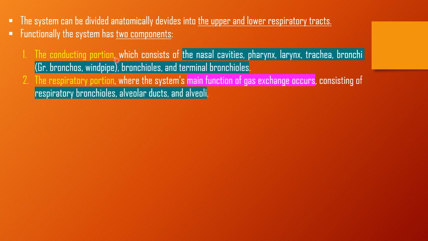The conducting portion consists of the nasal cavities, pharynx, larynx, trachea, bronchi, bronchioles, and the terminal bronchioles. The respiratory portion, where the system's main function, gas exchange, takes place, consists of the respiratory bronchioles, alveolar ducts, and the alveoli.